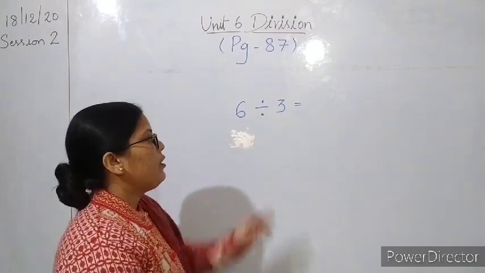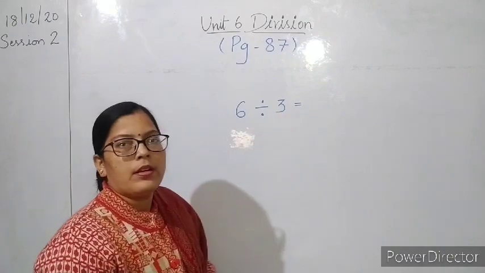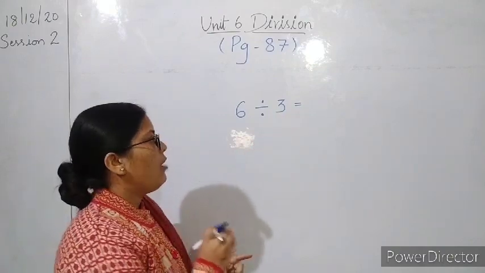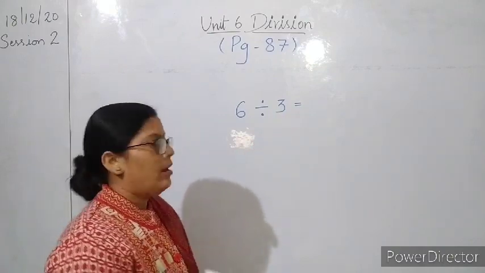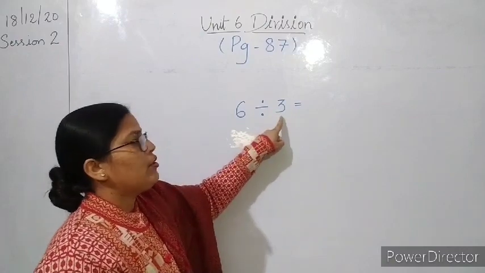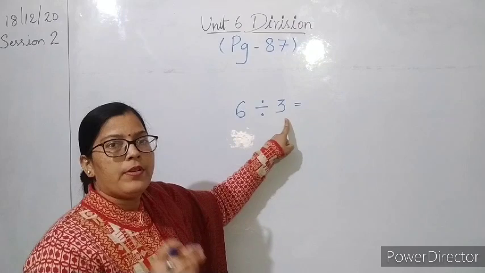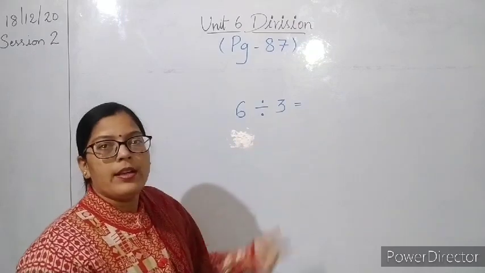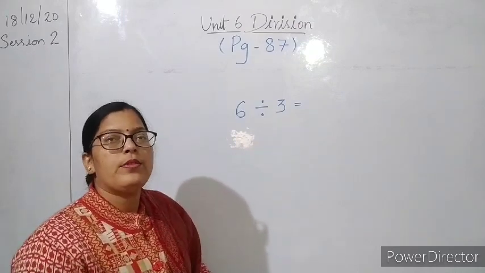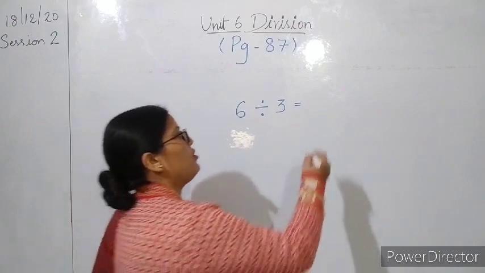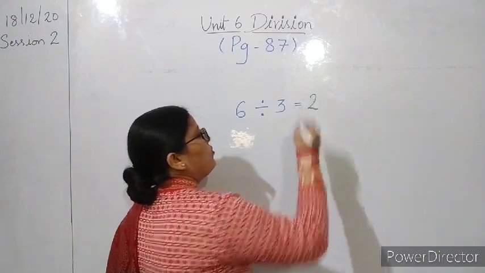Here you should know the table of 3. Recall the table and find out by how many times you get 6 in the table of 3. 3 ones are 3 and 3 twos are 6. 3 two times is 6. So here the quotient will be 2.